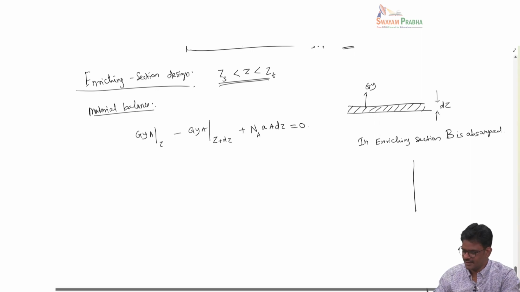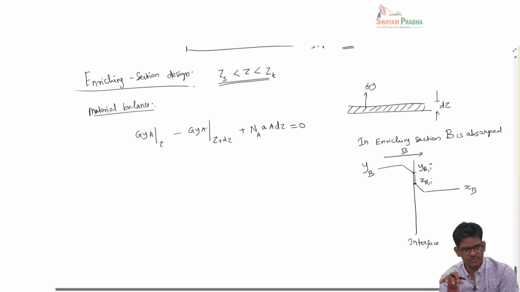So if I have to draw, this is an interface. If I look at a small section of the liquid vapor interface, you will see the composition for B: this is YB bulk, this is YB at the interface, this is XB at the interface, and this is XB at the bulk. Now B diffuses from vapor to liquid.